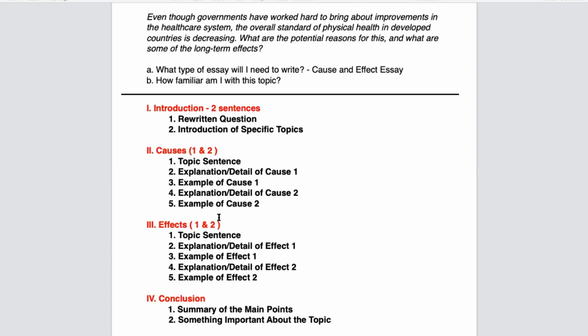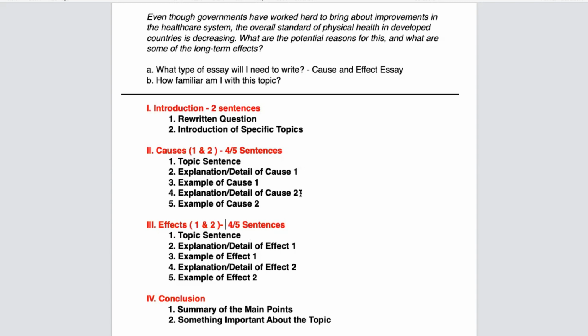Now, the causes and the effects, these 2 paragraphs, this is going to be the body, the meat of your essay. And in general, each paragraph should be about 4 to 5 sentences long. And you see here, we have broken them down for you. So the first sentence will always be a topic sentence that introduces the paragraph.